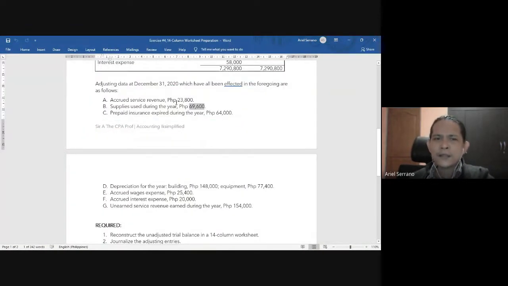Next, letter C. Prepaid insurance expired during the year, amounted to 64,000. How do we do that? Okay? What is our journal entry, our adjusting entry? Part of your prepaid insurance has already expired, so we debit insurance expense and we credit prepaid insurance.